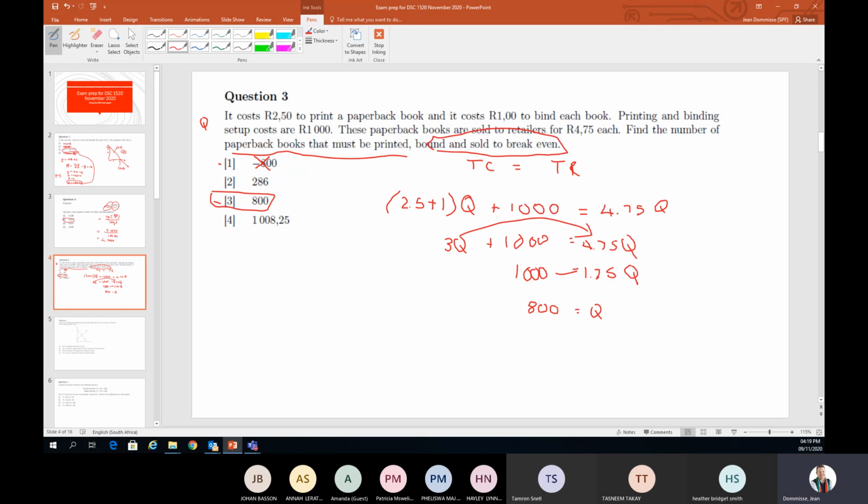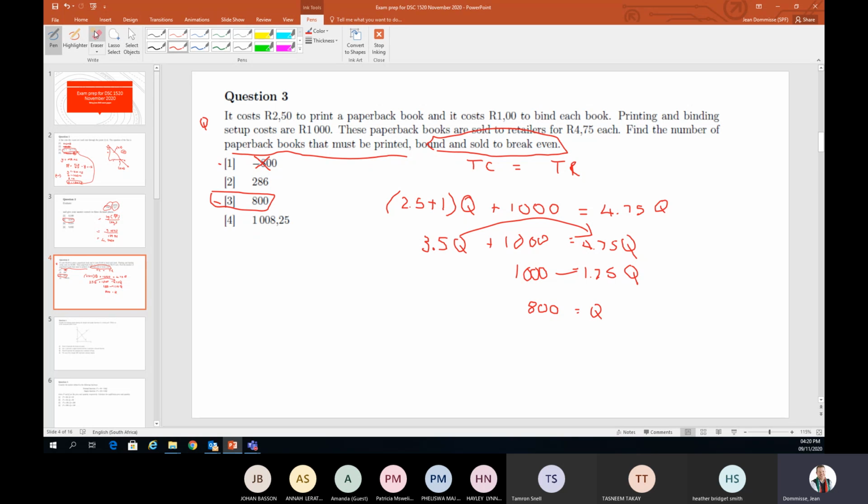Oh no, wait. So where did I make a mistake? Luckily there wasn't one. That must be 3.5, as it is 2.5 plus 1, a bit of a silly mistake.